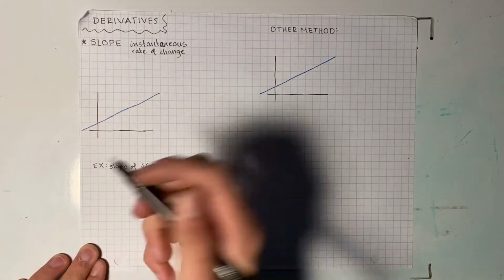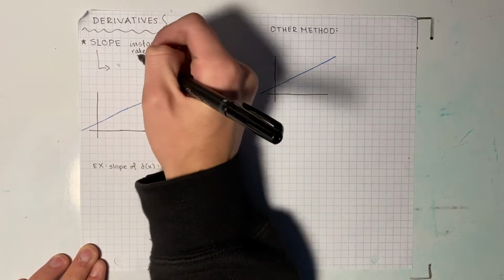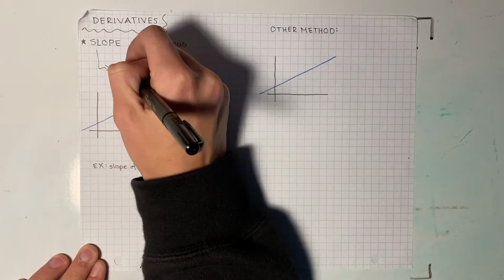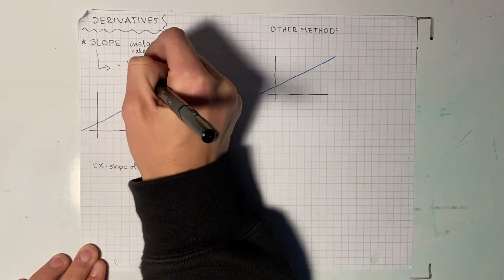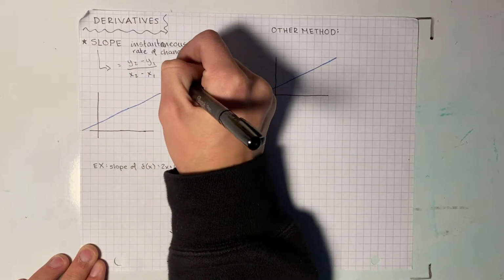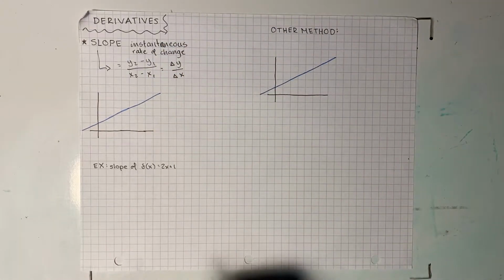And you were probably given these two equations to figure out the slope. So you know the slope is equal to y2 minus y1 over x2 minus x1, or delta y over delta x. And this is a way you could figure out slope.